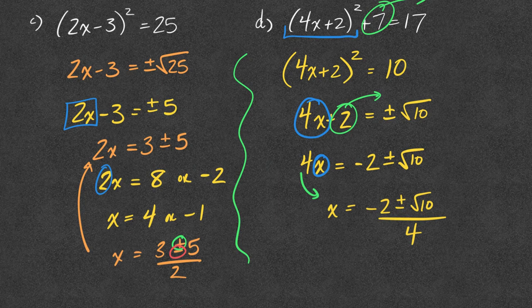And you'll notice 2 is not a factor in root 10. Let's do our little factor tree. Yes, there may be a 2 in root 10, but that's not a 2. That's a root 2. So I cannot divide out a 2 from everything. Therefore, what you see in the gold is fully reduced. If you got down to negative 2 plus or minus root 10 all over 4, outstanding.